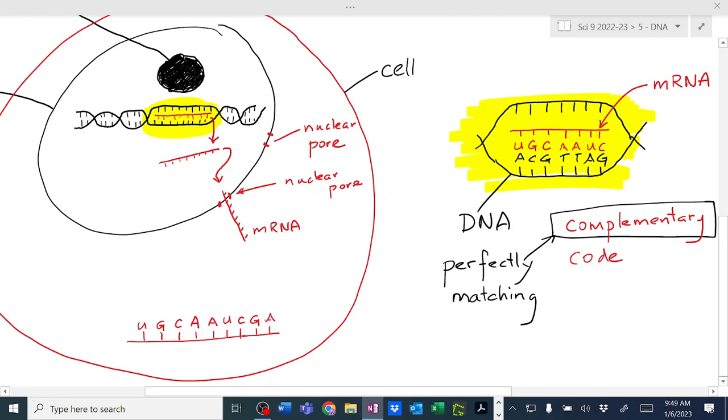I've added a couple of bases on there because that way we can show actually 3 things, okay?